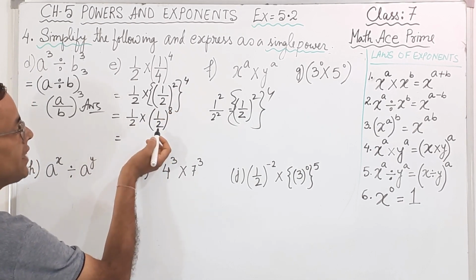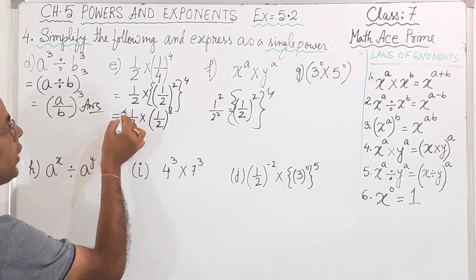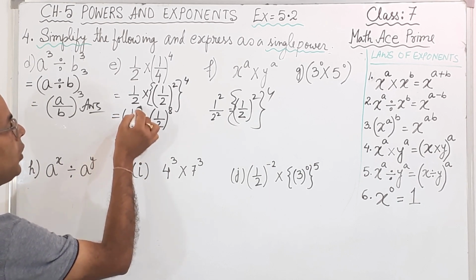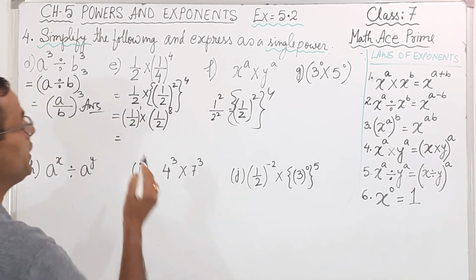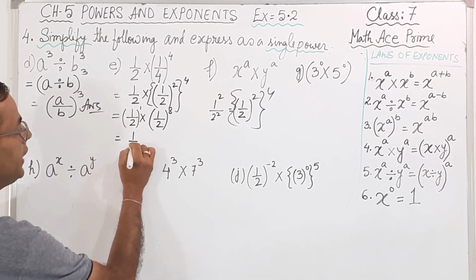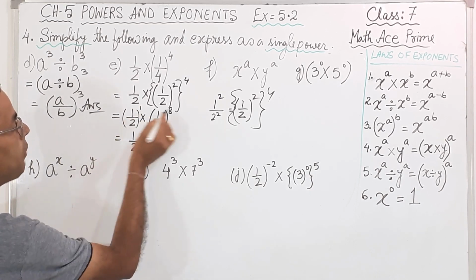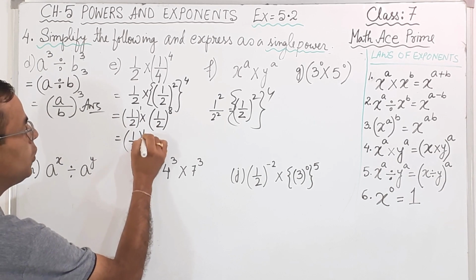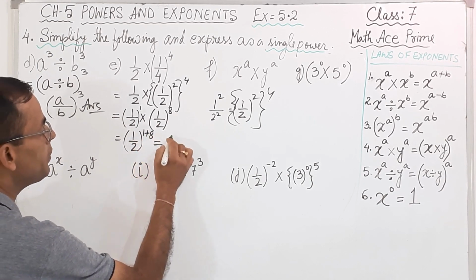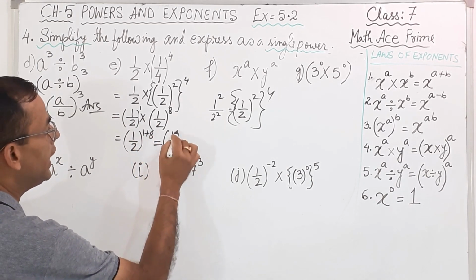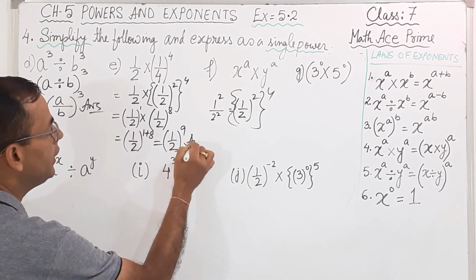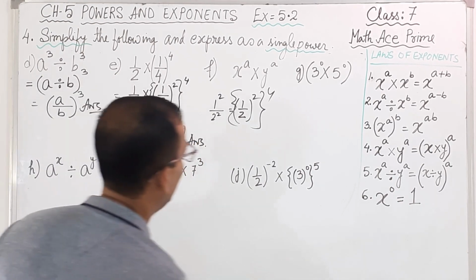So if bases are same, this 1/2 means 1/2 to the power 1. Nothing means the power is 1. So I will write 1 time 1/2 and the powers will be added, 1 plus 8. So what it will become? 1/2 and it will become to the power 9, and that is the answer.